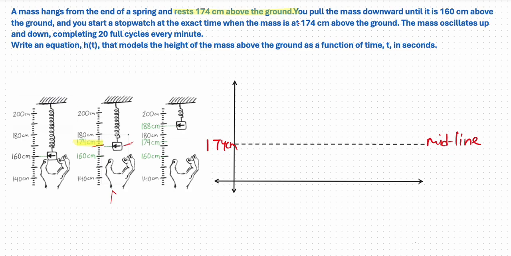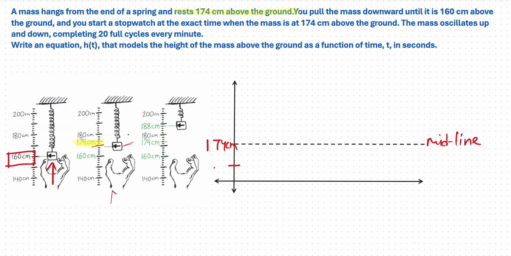Now after this, they said that you pull the mass downwards until it is 160 centimeters above the ground. You can clearly see in this diagram that it is pulled downwards, and it is 160 centimeters above the ground.